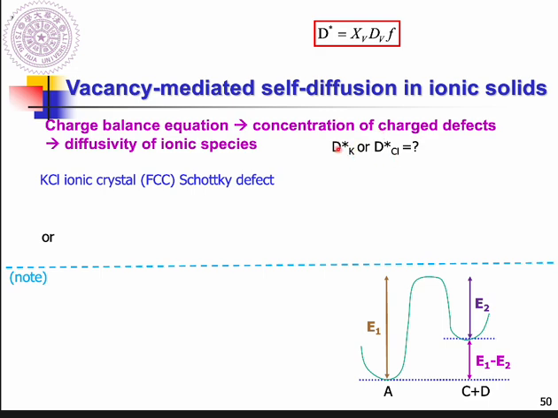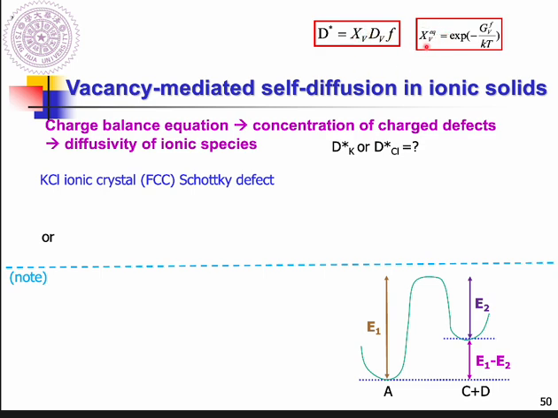So now it turns out that if I want to know the diffusivity for potassium ion, I need to know the X_V_K, the fraction of vacancy at the potassium site. And the same idea for the diffusivity of chloride: I need to know the fraction of vacancy at the chloride site.